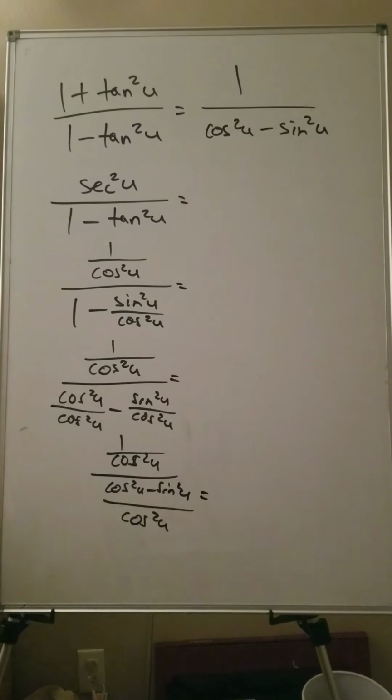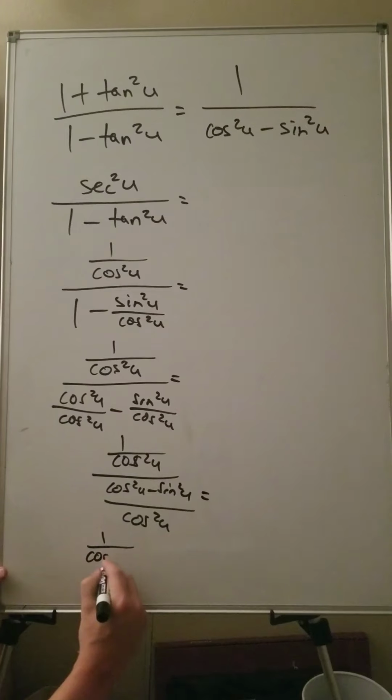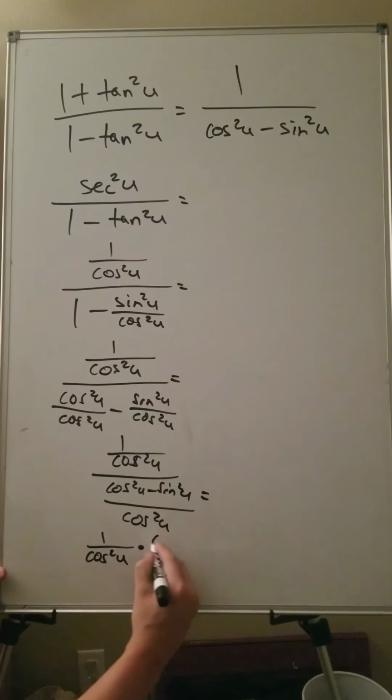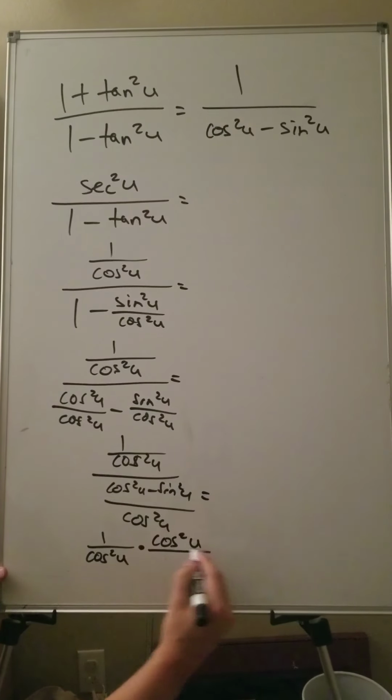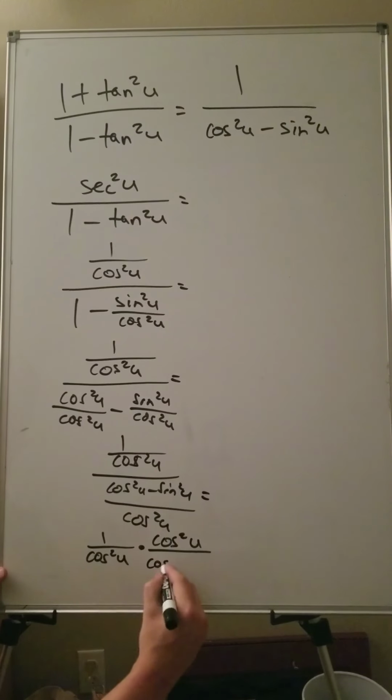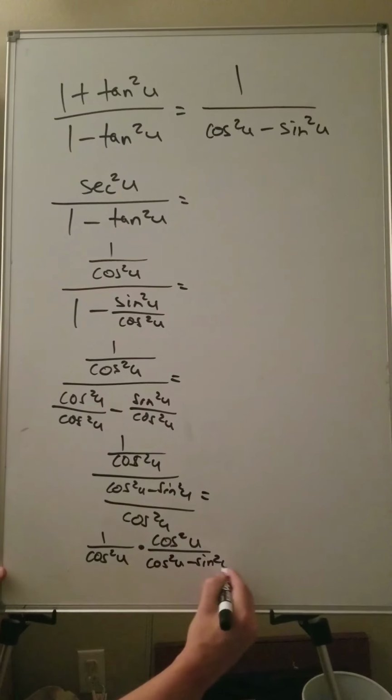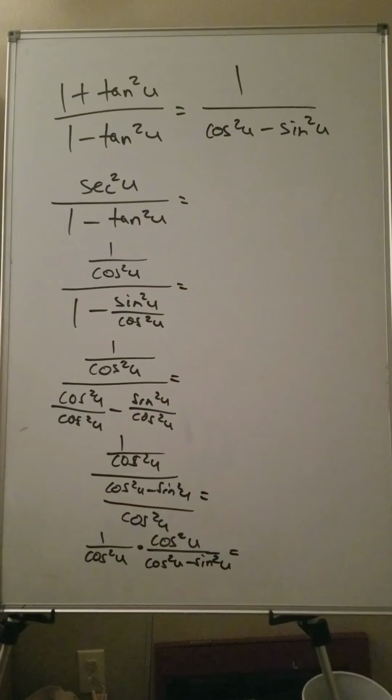I have a fraction divided by a fraction. Well, a fraction divided by a fraction is the same thing as multiplying by the reciprocal. 1 over cosine squared u times cosine squared u over cosine squared u minus sine squared u. So I'm just taking this fraction and multiplying by the reciprocal of that.